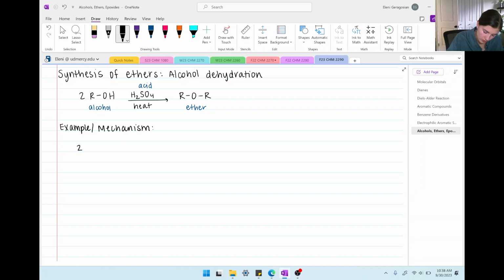And we'll use 2 ethanols. I think it will be useful to note that sometimes you'll see the equivalence of reagents stated, where it'll say 2 equivalents of reagents, or 3 equivalents, or 1 equivalent.